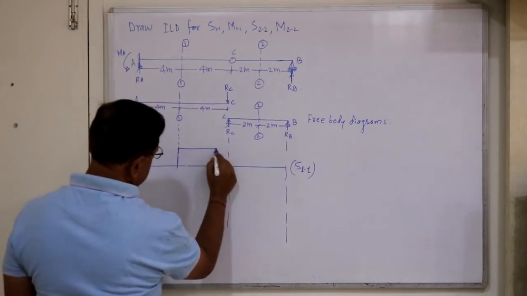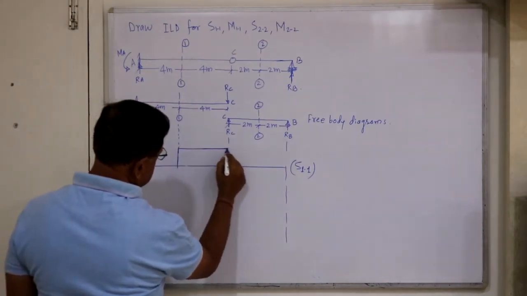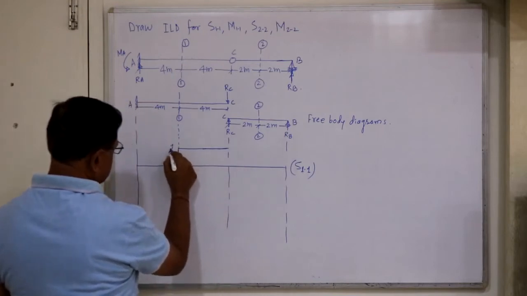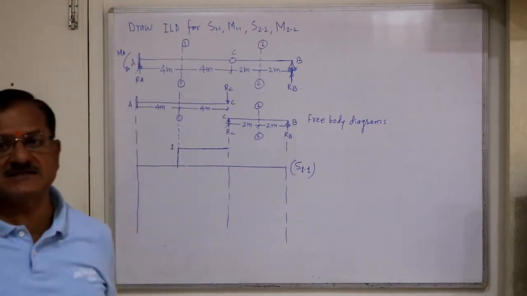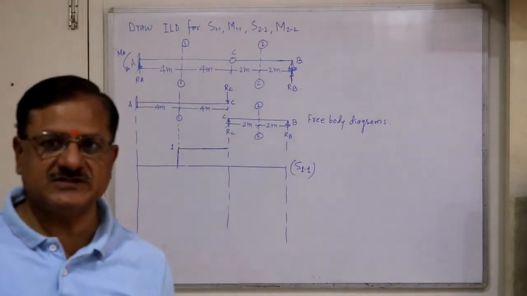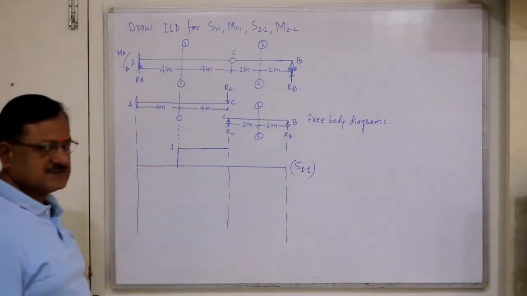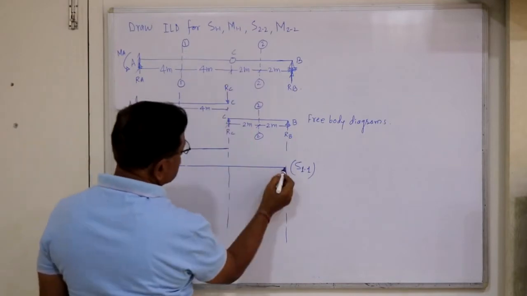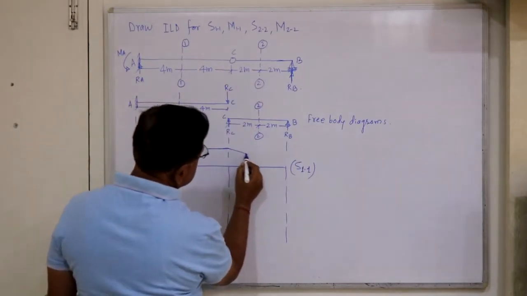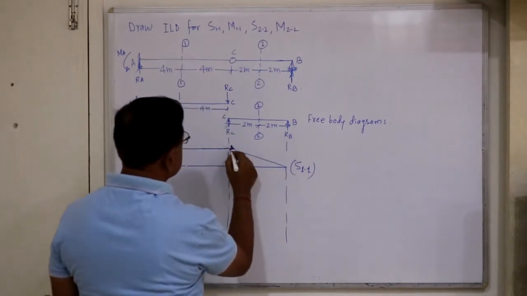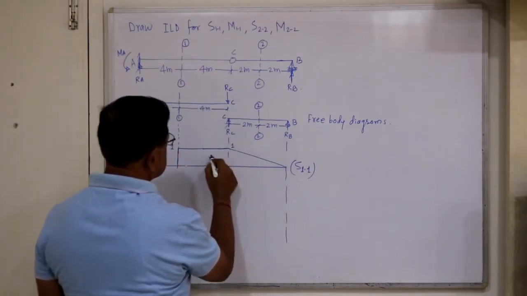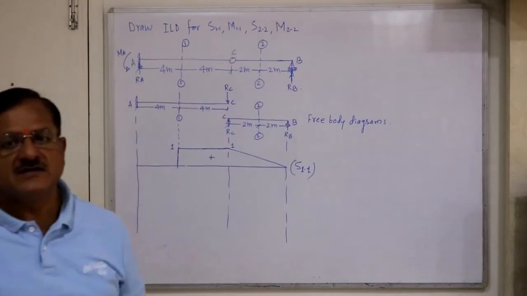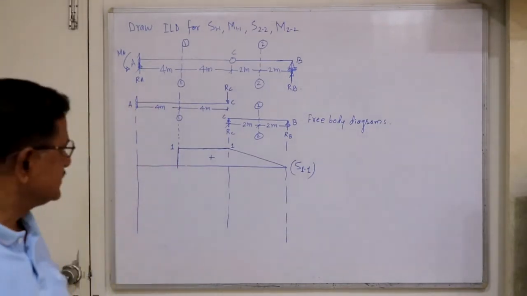So you continue up to the hinge. So this is the ILD for the cantilever portion. When the section lies within the cantilever portion, the influence line diagram can be constructed like this. Now at the internal hinge here, the beam gets rotated and finally the deflection is 0. So this is 1. This is positive. This is the ILD for shear force at section 11.